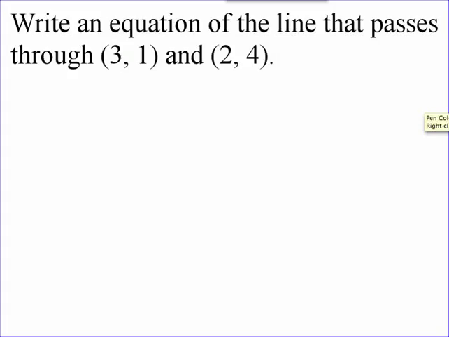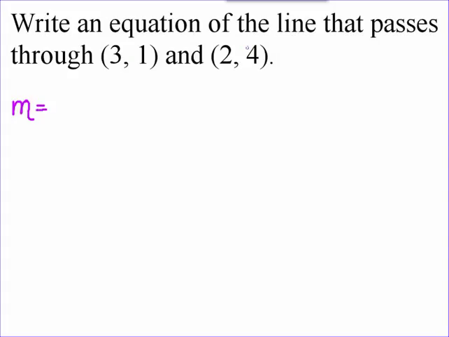Find an equation of the line that passes through (3, 1) and (2, 4). So what don't I have in this problem? The slope. So I'm going to have to find the slope first. Do we remember how we find a slope between 2 points? y2 minus y1 over x2 minus x1.